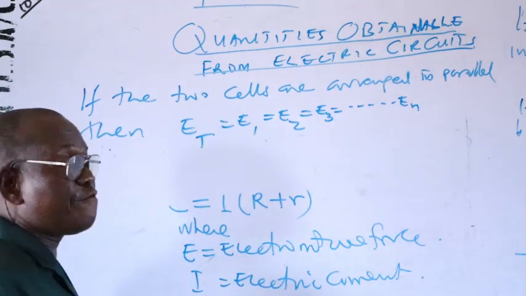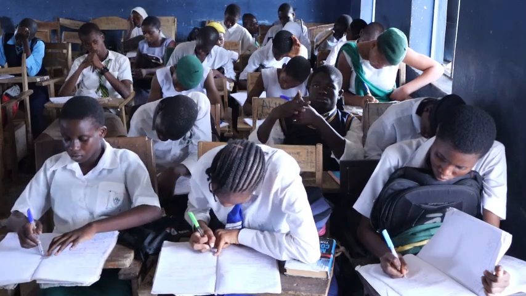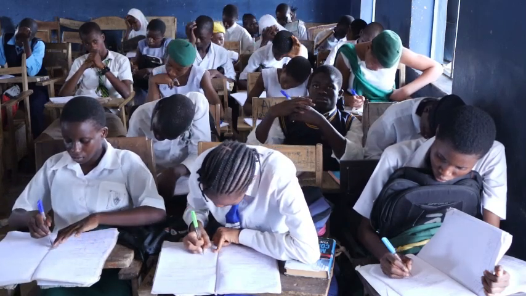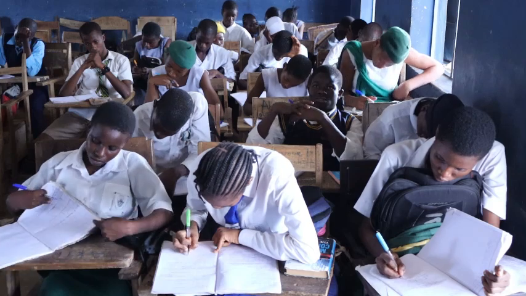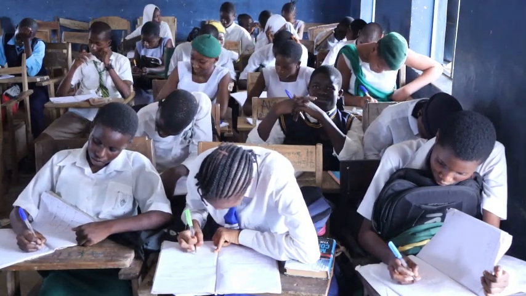So if the cells are arranged in parallel, E total will be equal to electromotive force across one of them.